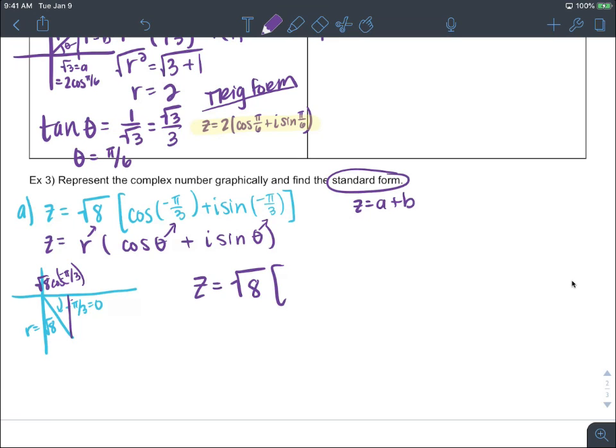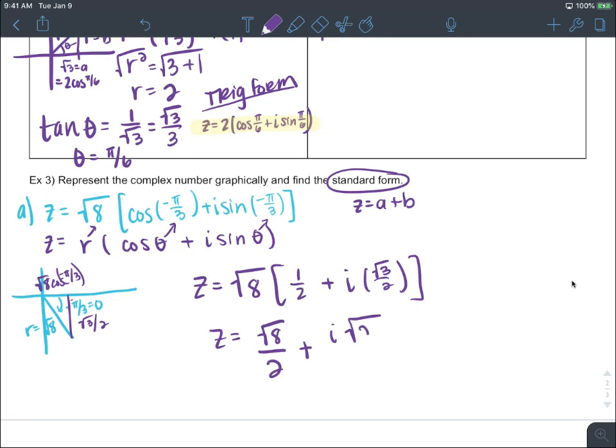Cosine negative pi over 3 is 1/2 plus i. The sine of pi over 3 is root 3 over 2, times square root 8, sorry. So times the square root 3 over 2. So I get z is equal to root 8 over 2 plus i square root 24 over 2.